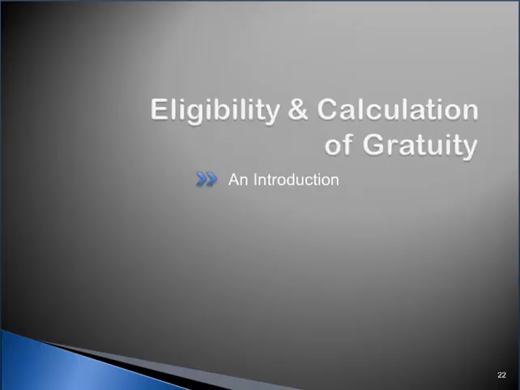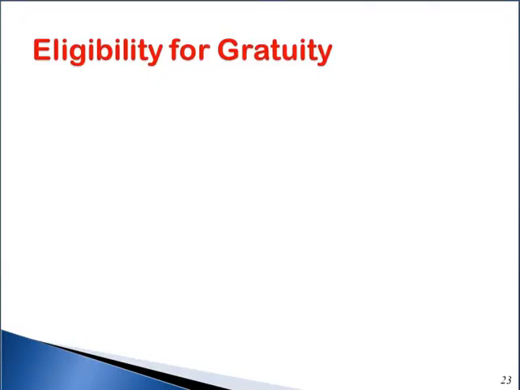Dear students, having gone through the definitions within the Payment of Gratuity Act 1972, let us go to the next very important section of this presentation: eligibility and calculation of gratuity. Eligibility for gratuity.